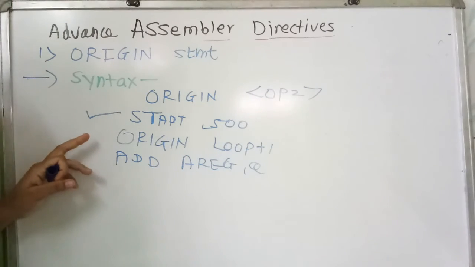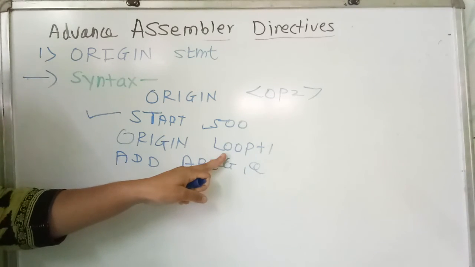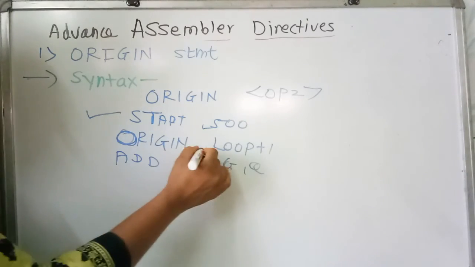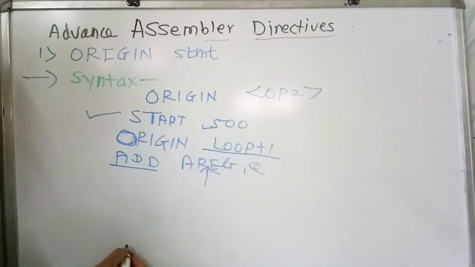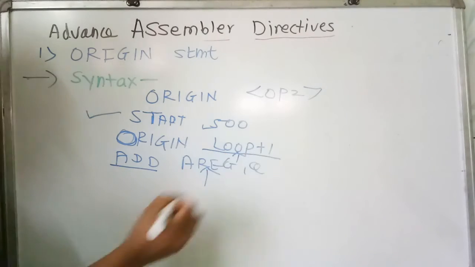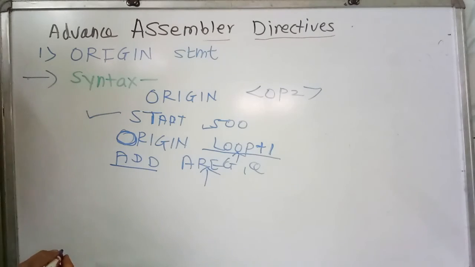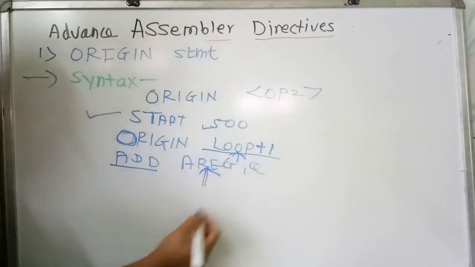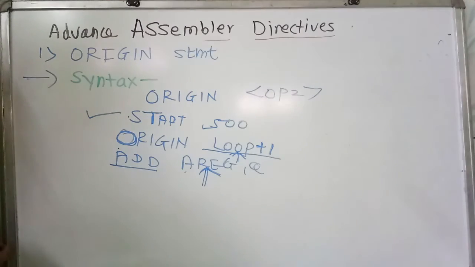What does this code indicate? The address of add is the addition of the address of loop from the symbol table and 1 in the target program. From where did this origin start? From loop plus 1. What does this a register give us? It gives us the location where the loop value plus 1 is held in the target program. This addition will be stored in this a register after the calculation. So this is the basic difference between start and origin.